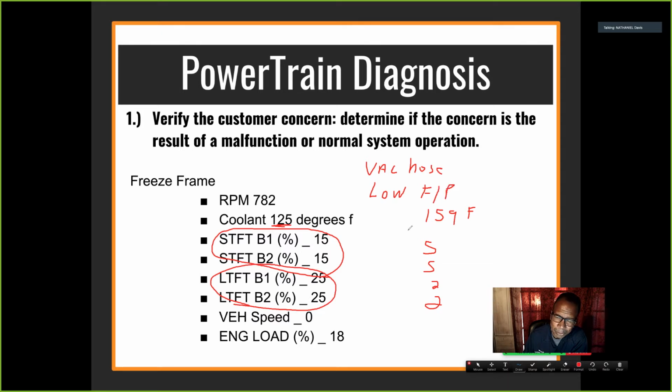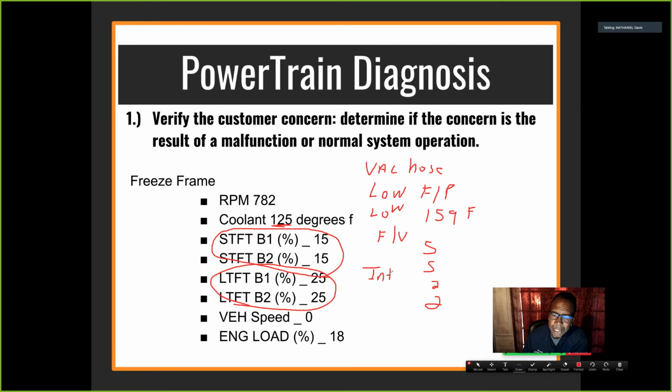I'll write this out much better than this. Right now I'm using a mouse and it sucks. So vacuum hose, low fuel pressure, low fuel volume, and an intake gasket leak.